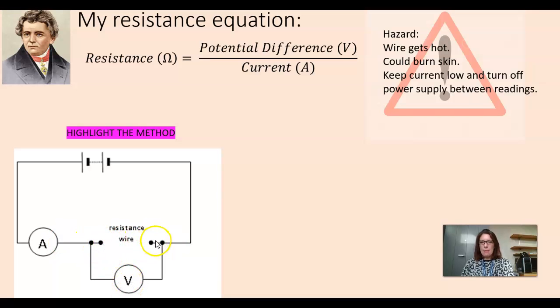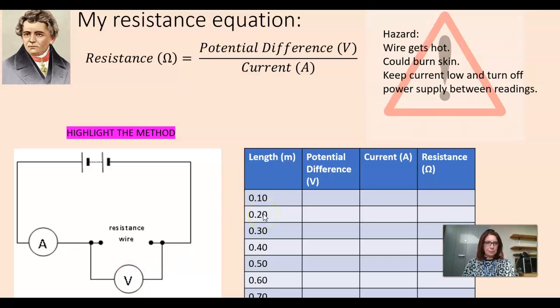And then here there was a wire, and it was attached to a ruler, and we changed the length of the wire in the circuit, increasing it, and measured how the current and potential difference changed. So this was our table of results. We changed the length and we measured the potential difference and current. Then at the end we used Ohm's law to calculate the resistance.